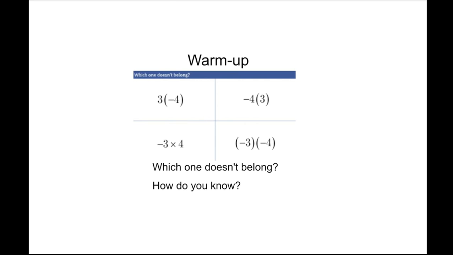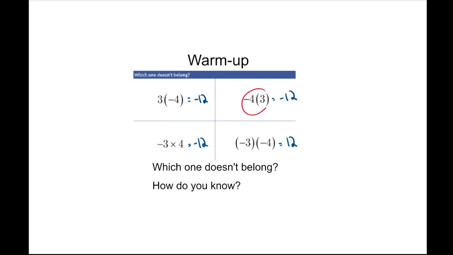You could have gone through and actually determined what each one was. 3 times negative 4, which is negative 12, negative 12, negative 12, positive 12. And said, okay, this is the odd one out because it's the only one that's not negative.